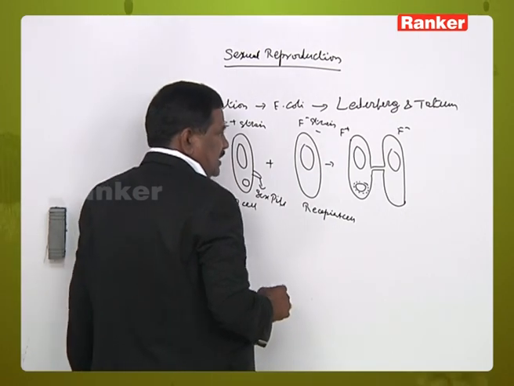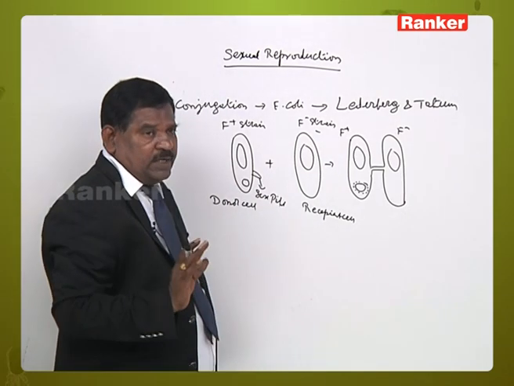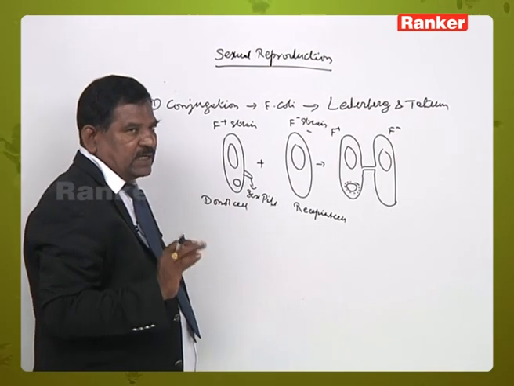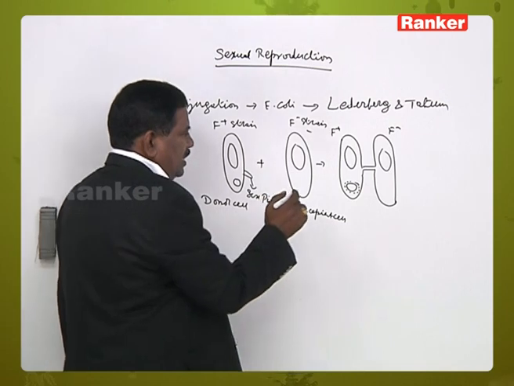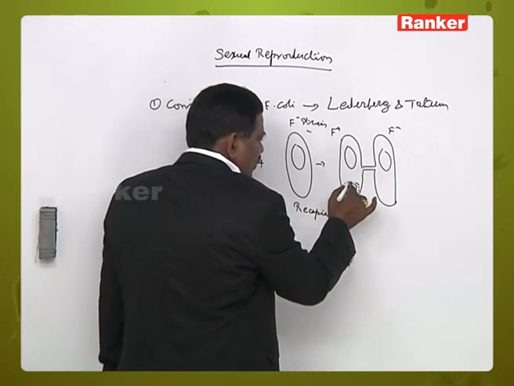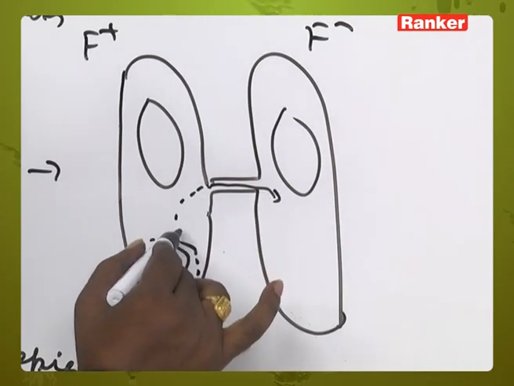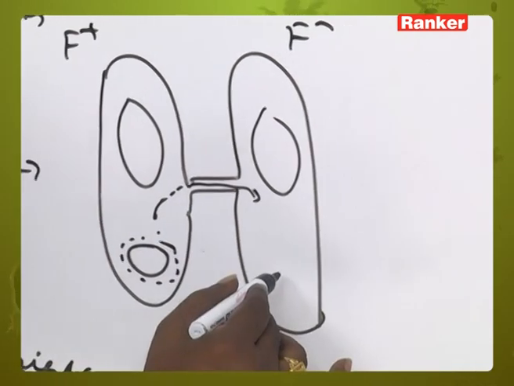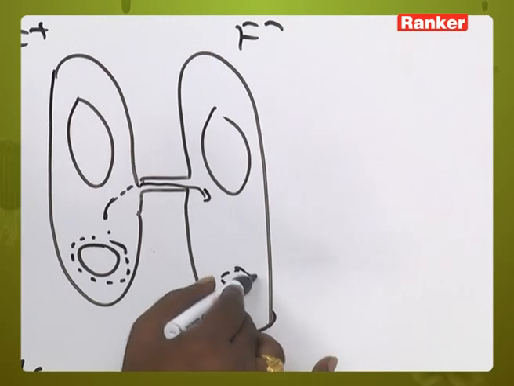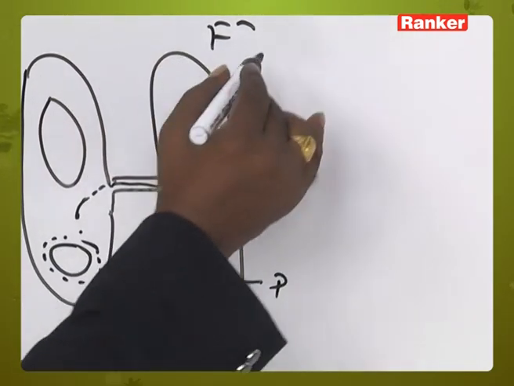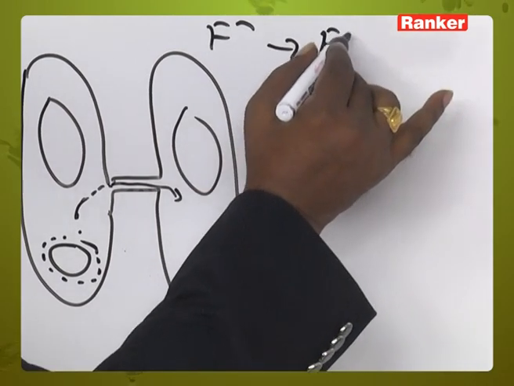It is not the semi-conservative method; it is the conservative method. One copy of the replicated plasmid is transferred to the F minus strain. The F minus strain that receives the copy of the plasmid becomes an F plus strain.